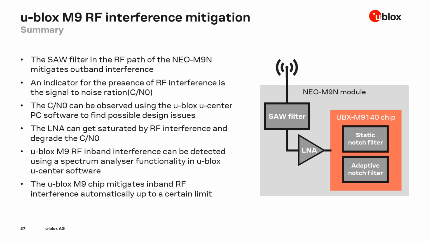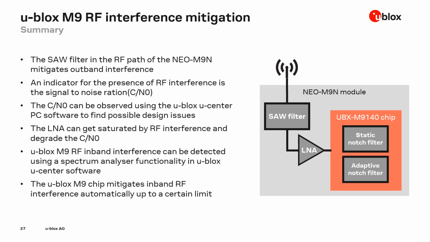And also, regarding the in-band filtering, the M9 can detect the in-band interference using the spectrum analyzer. And last but not least, the M9 chip mitigates the RF interference in-band automatically up to a certain limit. We had a look at this in this one slide.